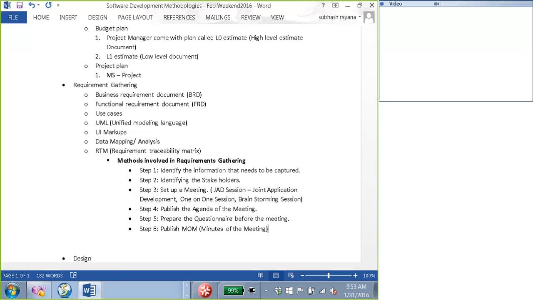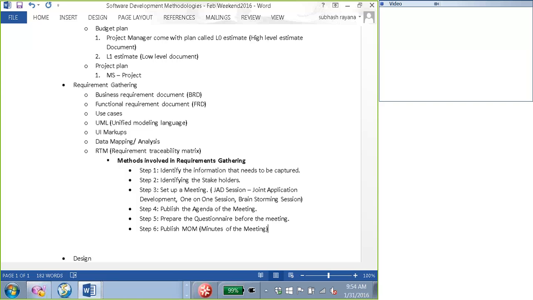The most important part is, the moment you publish this meeting minutes summary, the assumption is that the attendees or recipients have to look at the summary, and if they are not okay with what you have documented, they have to reply back saying, this is not what we discussed, but this is what we have to do.